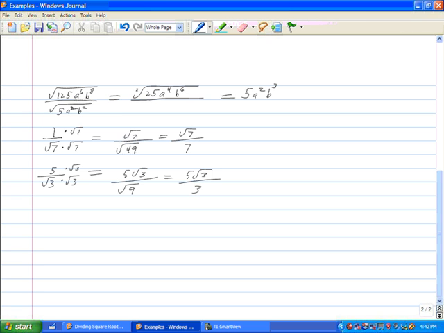Before you do this, though, something that's important to mention is that the fraction needs to be completely simplified before you do this. In other words, if I had the square root of 5 over the square root of 15, I would want to say 5 into 15 is a 1 over 3.